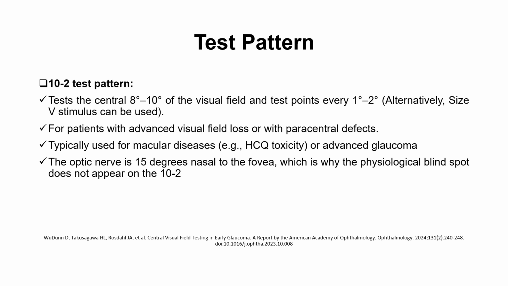Coming to the 10-2 test pattern, it tests the central 10 degrees of the visual field, with test points every 1 to 2 degrees. Sometimes, if you want to test the central field in advanced glaucoma, instead of using the 10-2 test pattern, you will use a size V stimulus, which can be used, as we said previously, in advanced visual field loss or poor visual acuity.